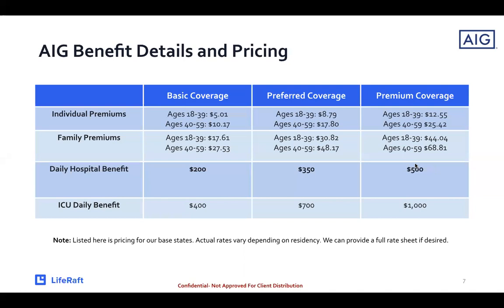And so again, when we think about delivering value to our clients, we are giving them an option that is improving coverage, and it's doing it in a more cost-effective way than actually moving them up on the major medical scale.